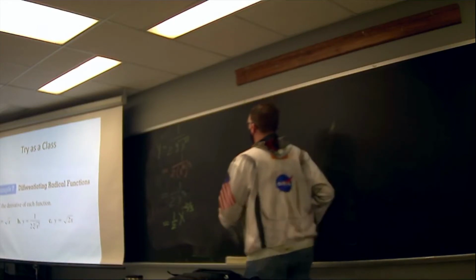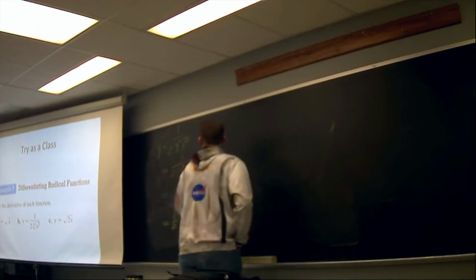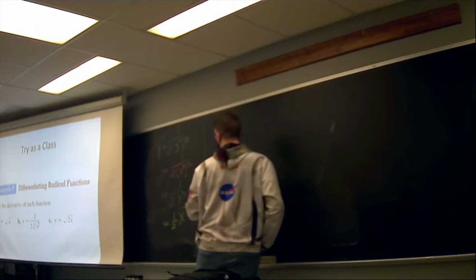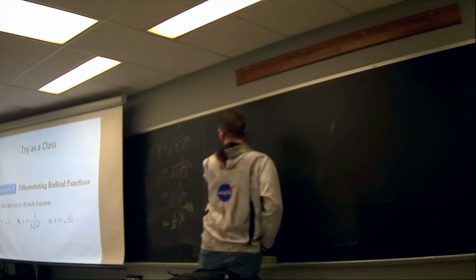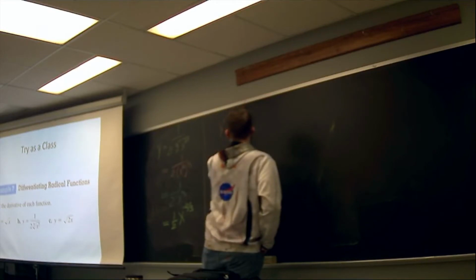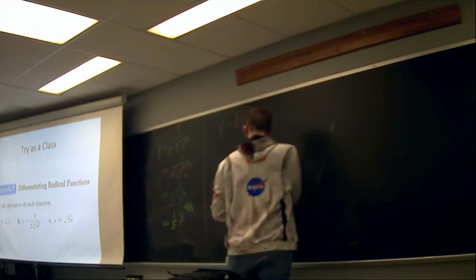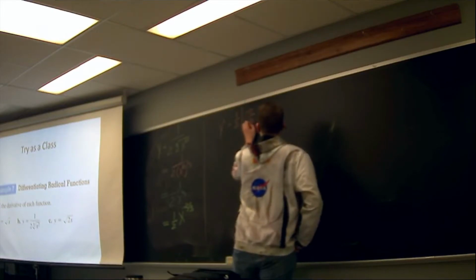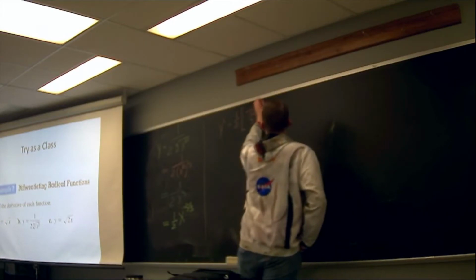Because what we're going to get now is that y prime is equal to 1/2 times, we're going to pull down that negative 2/3, right? And then subtract 1 from our power.